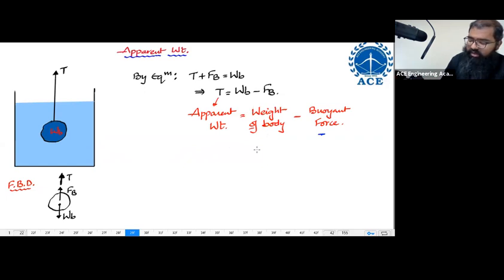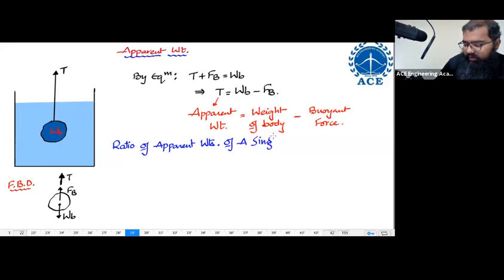The question over here will be on the concept of the ratio of apparent weights of a single body in different fluids.